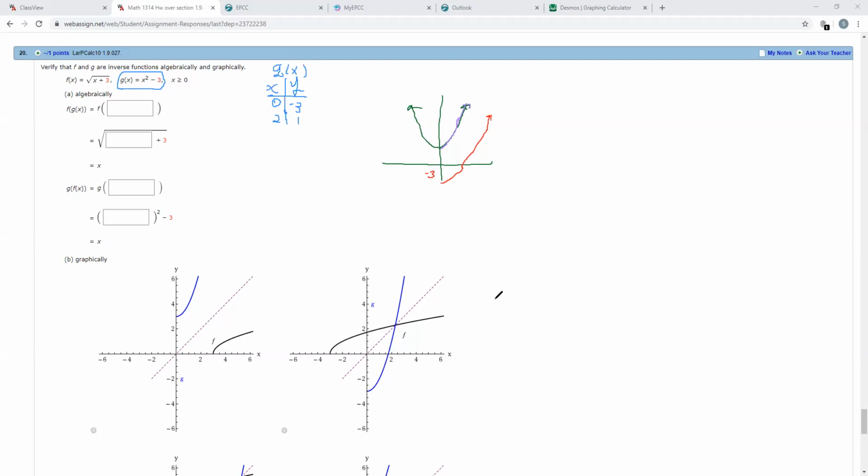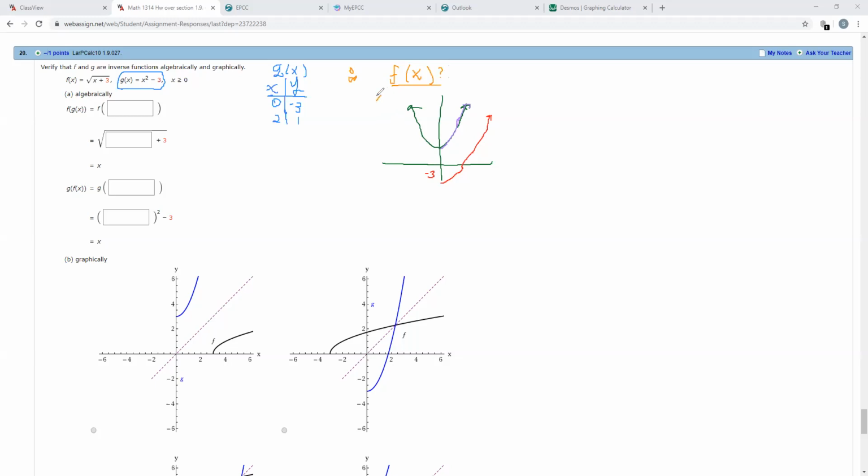And by the way, therefore, if we invert these points, then we better have the inverted points on f of x if they are inverses.